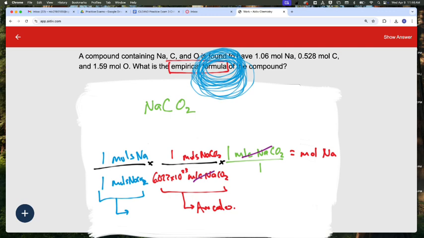Molecules as a unit sucks though, because that generally means we got to go back to Avogadro's number. Or we could go through and look at moles, in which case I don't have to deal with Avogadro's number and I can just be happy with the mole unit. I have Avogadro's number factored into this and I don't have to worry about it.